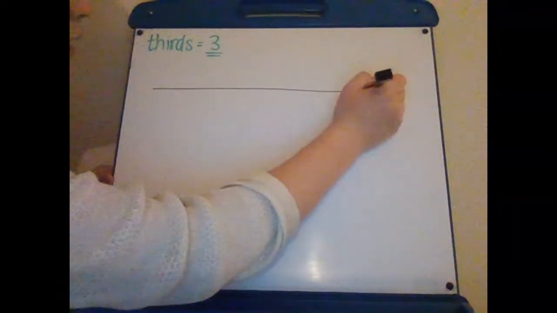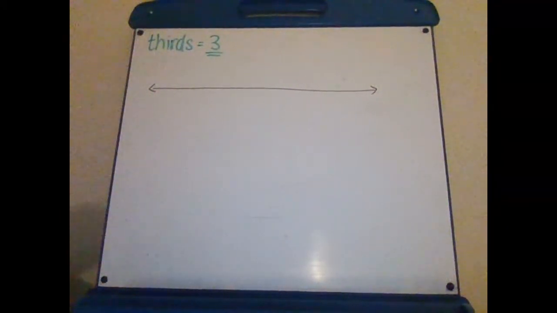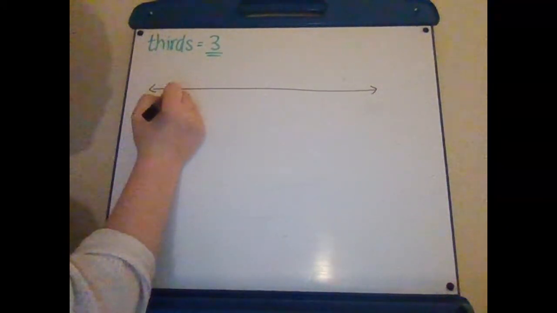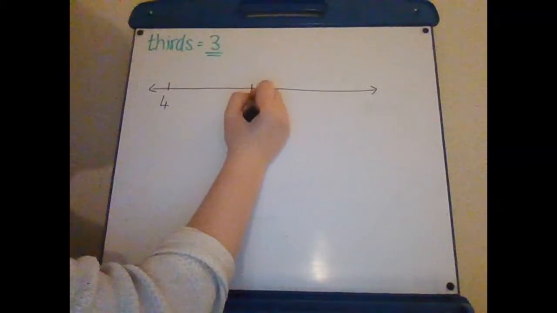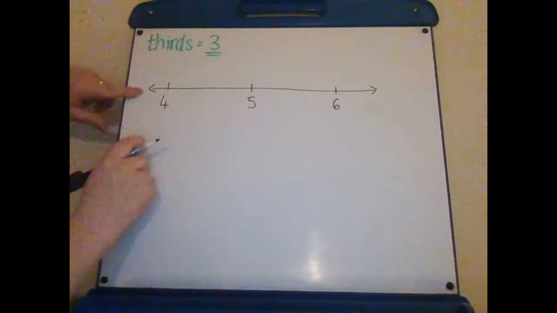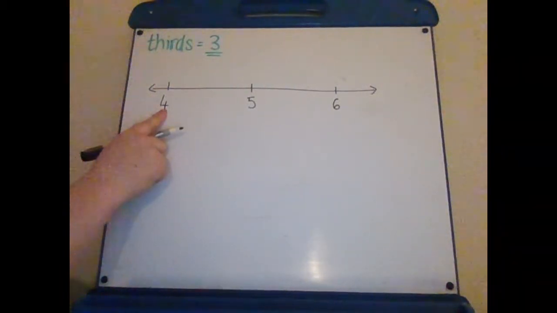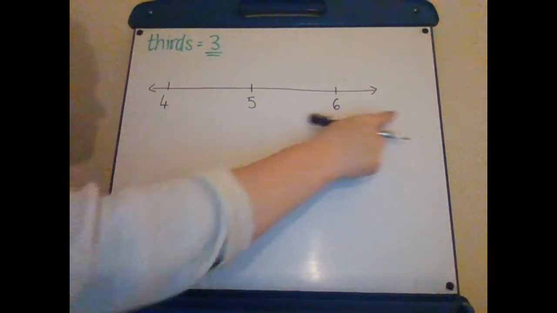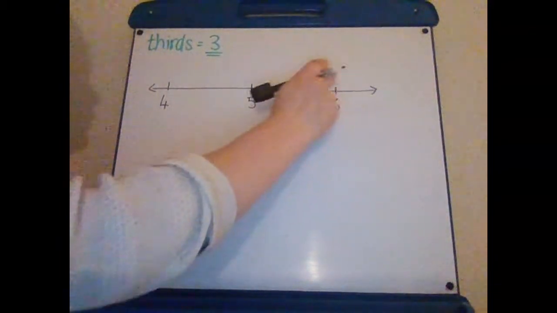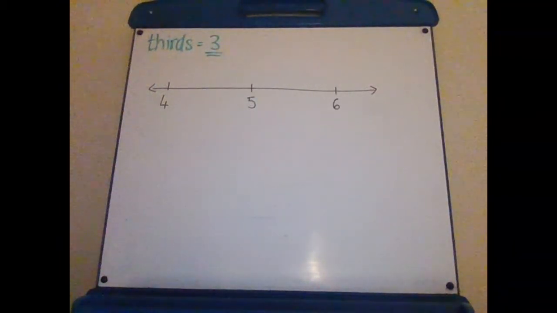All right, so if I have my number line, and I start this time at 4, 5, and 6. Now, the arrows show me that there's whole numbers that come before 4. We know that 0, 1, 2, and 3 come before 4. But this arrow also tells me that there's whole numbers that come after 6. So 7, 8, 9, all the way along. All right? So let's have a look.